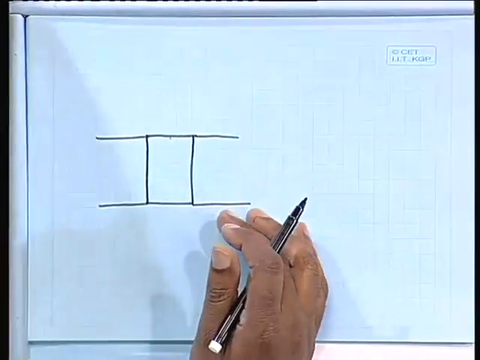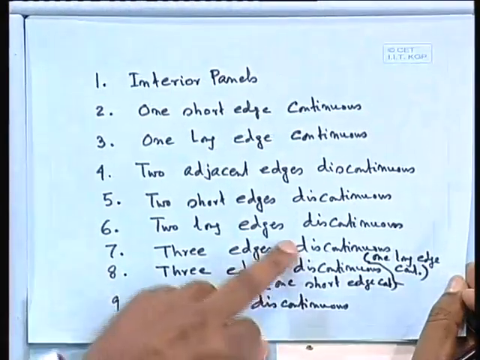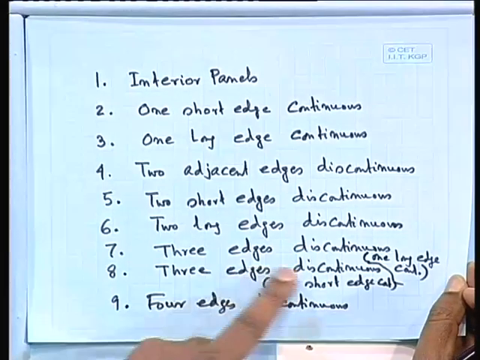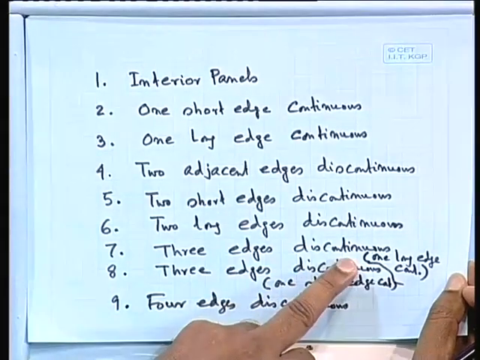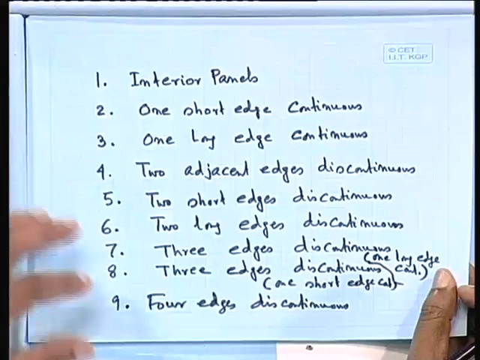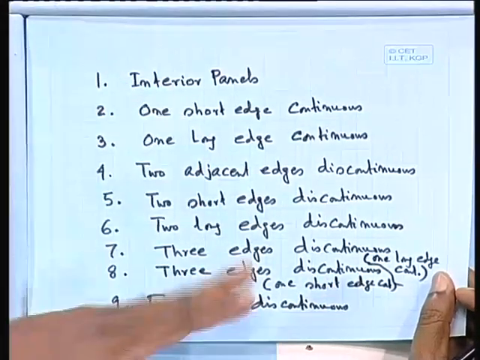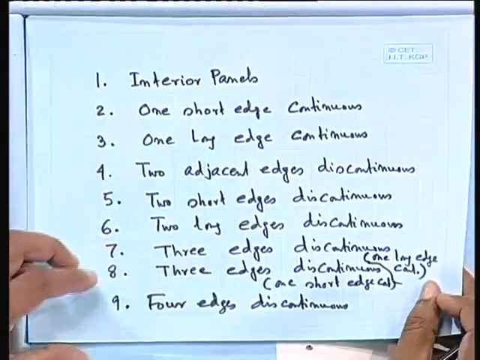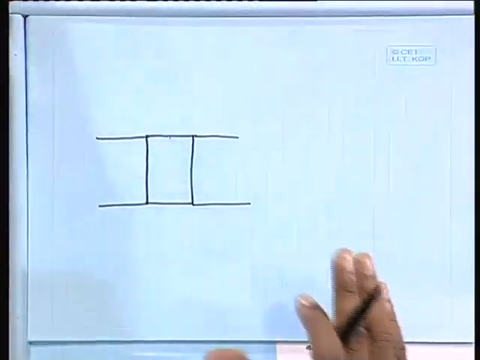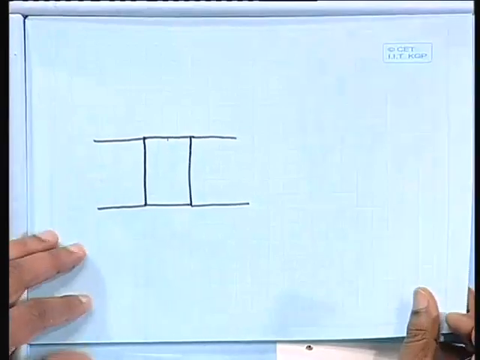So depending on the situation you can get it. Similarly, we can get two long edges discontinuous. Three edges discontinuous is also possible, where only one side is continuous, in the shorter side as well as the longer side, two different cases. And four edges discontinuous is also possible, not the simply supported one.